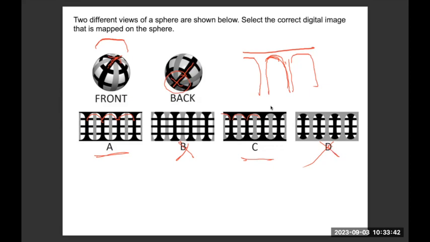Now I say, okay, between A and C, which is the one. Now, if you observe the pattern and the way the gray line starts, it starts in the middle. It does not start in the center. So it has to start like that, not from the center, but from the sides.